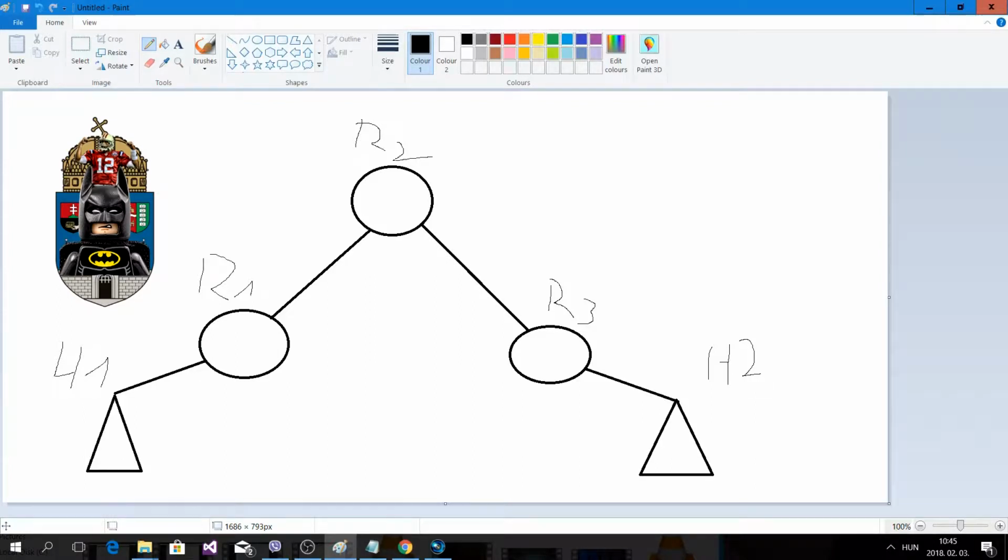And what do I mean by classful? It's really simple: here we have a /24 class, here a /24 class, here a /16 class, and here a /16 class.